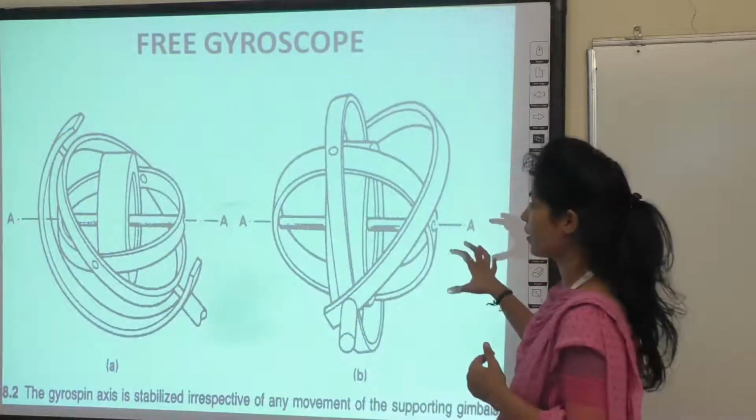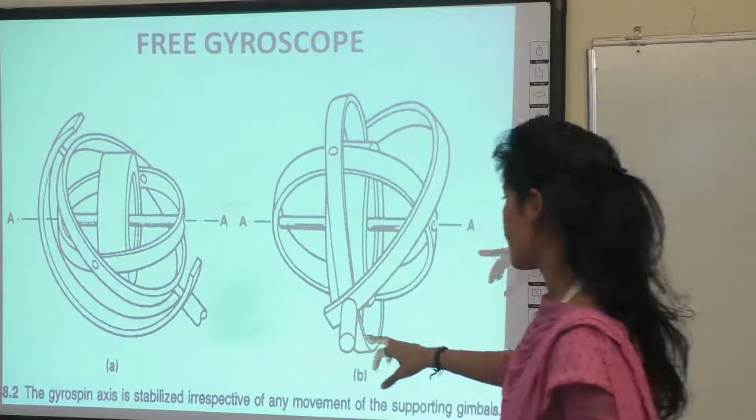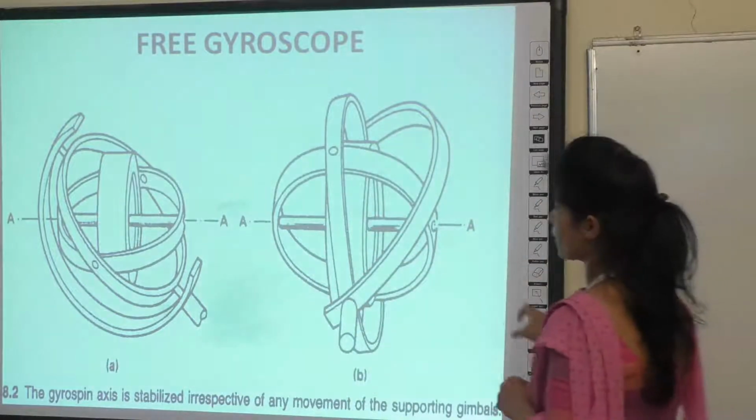We already spoke about Newton's first law and gyroscopic inertia. This is one picture, the free gyroscope. The gyro spin axis stabilizes irrespective of movement of the supporting gimbals.